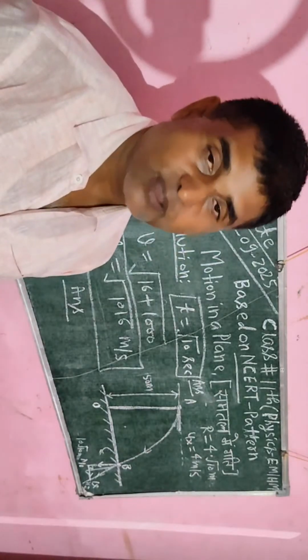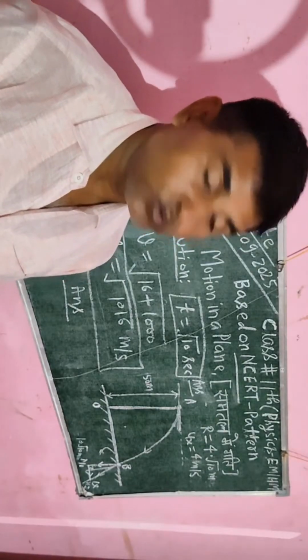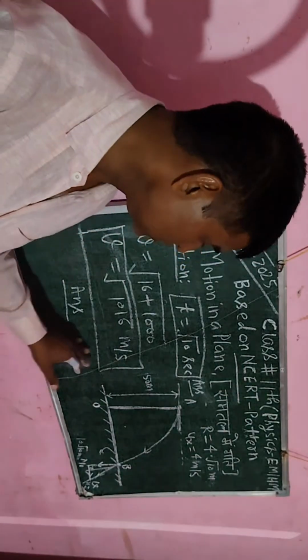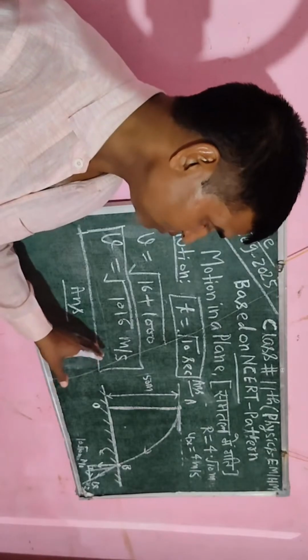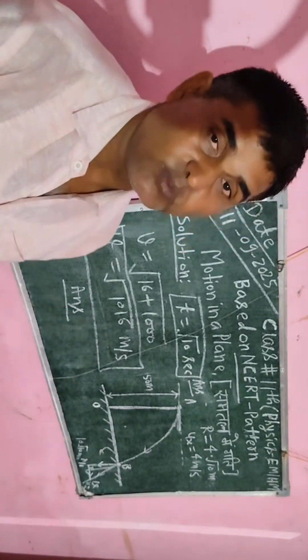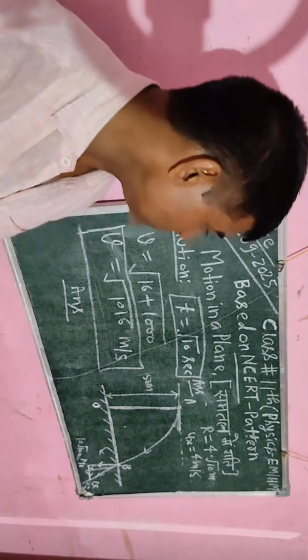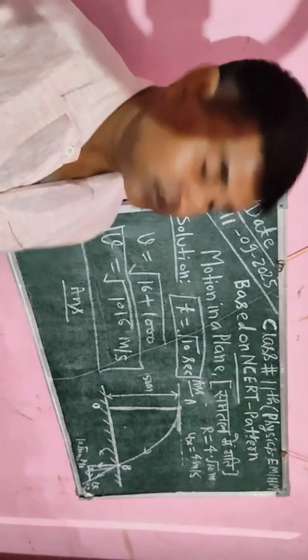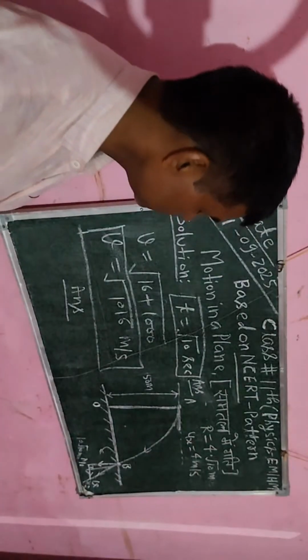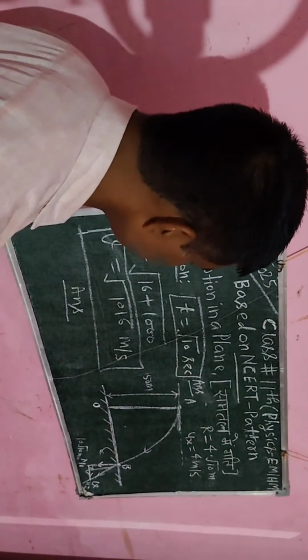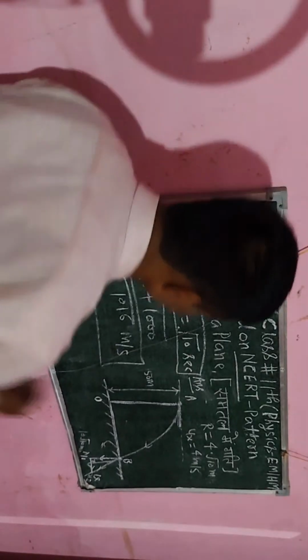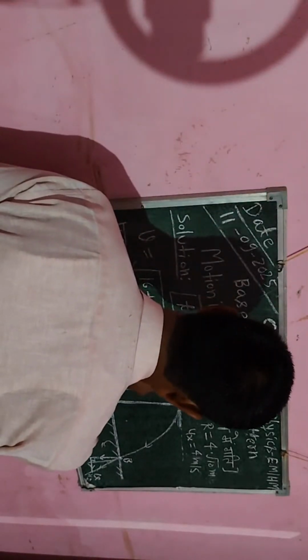Equation of motion 3 I can also use, but according to small calculation I will assume, and after assuming I will apply the appropriate formula for evaluating the required concept which is asked in the question. Okay student, I hope that you are understanding in a very easy way.